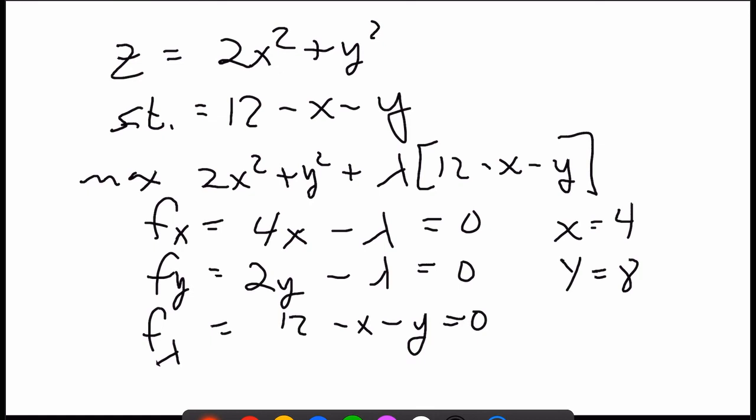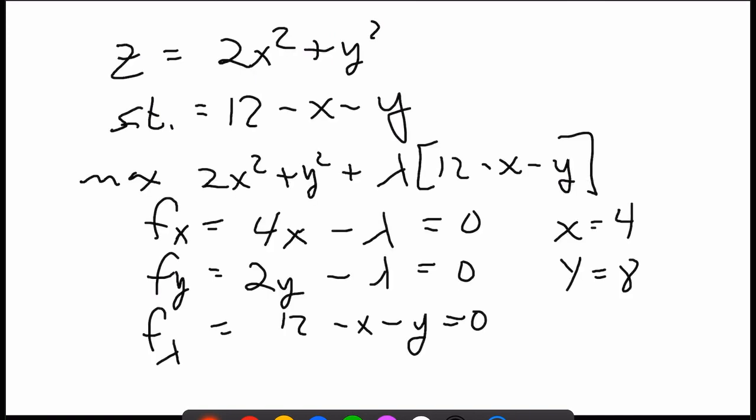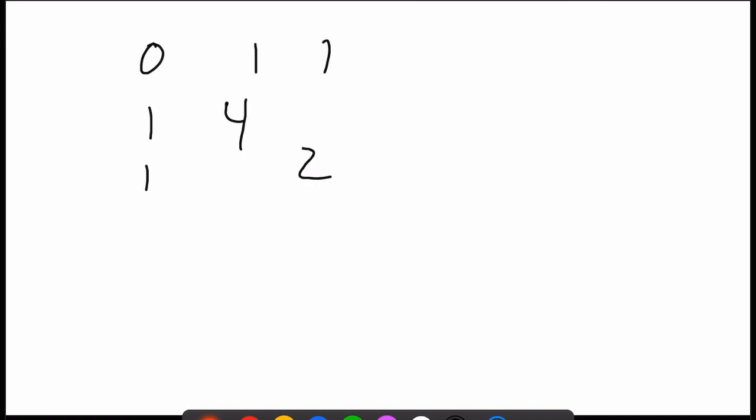Yeah? And if you're saying how to do that, well, the easiest answer to that is Cramer's rule, but we'll do that again in a second. Okay? Yeah. And so we get 0, 1, 1, 1, 1, right? 4, 2, 0, 0. That's our bordered Hessian.